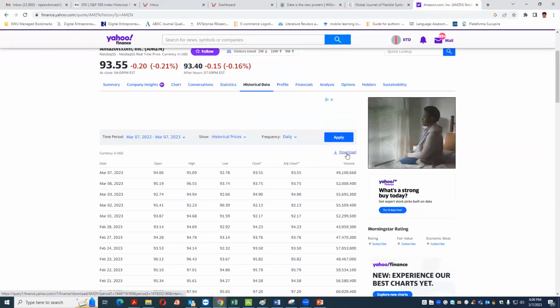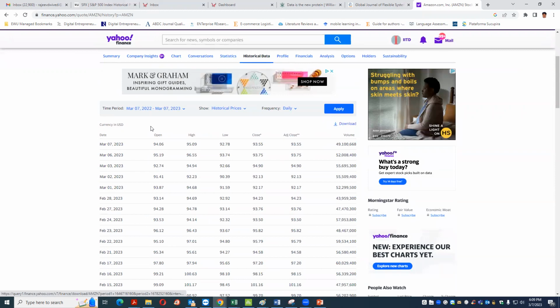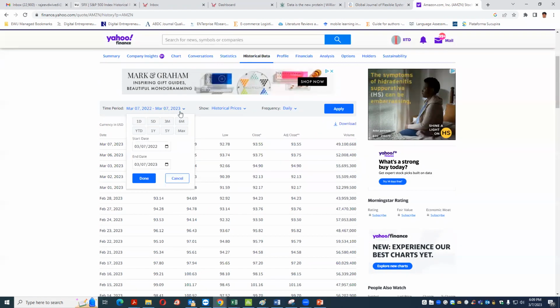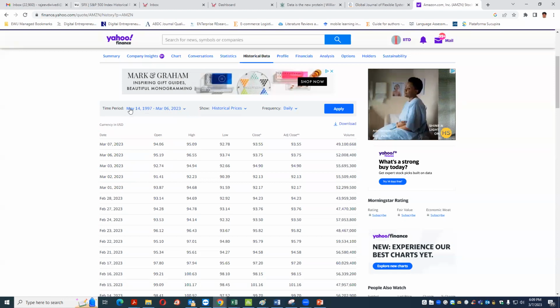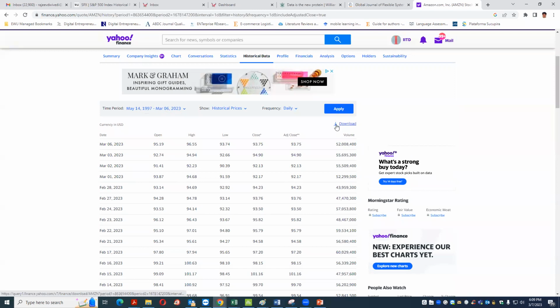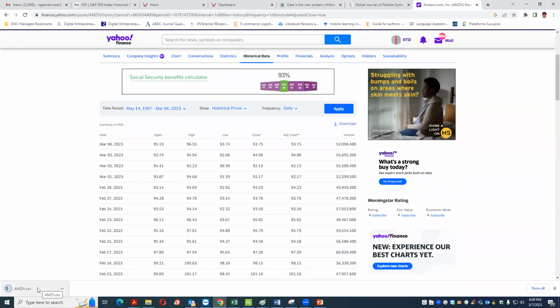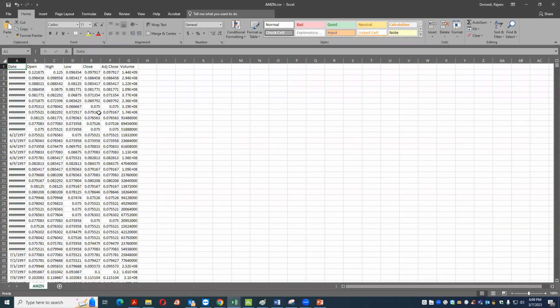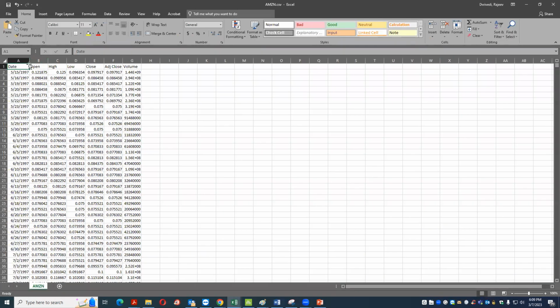And I can download here, for example, here, if you see, and here I can choose 5 year, max. I can put the max amount, which is starting from, and then I can apply, and then I can download here. And I believe I can see, but I'm logged in to Yahoo. So I hope you can see my data.